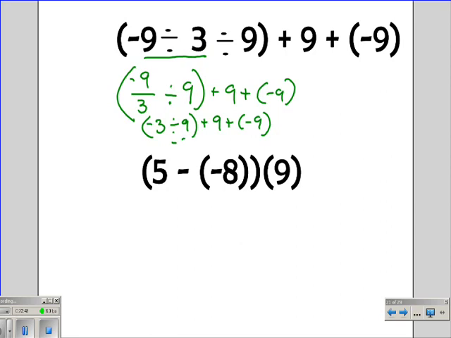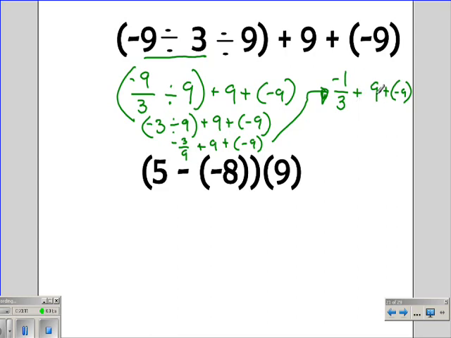This is going to simplify to negative 3 over 9 plus 9 plus negative 9. And negative 3 over 9 becomes negative 1 over 3 when simplified, plus 9 plus negative 9.